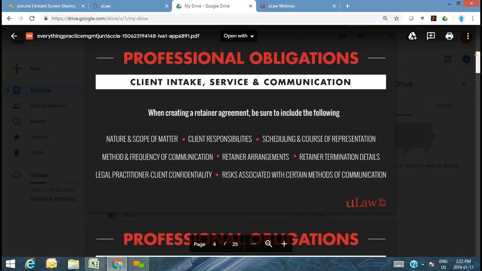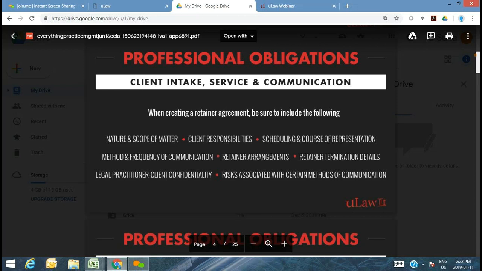And any risks associated with the methods of correspondence. Emails, obviously, are in the cloud. Most of the email clients we use today, Gmail, Yahoo, Hotmail, are all based on the cloud. We've seen some retainer letters being well drafted, which talk about this being in the cloud and some of the risks associated with that.